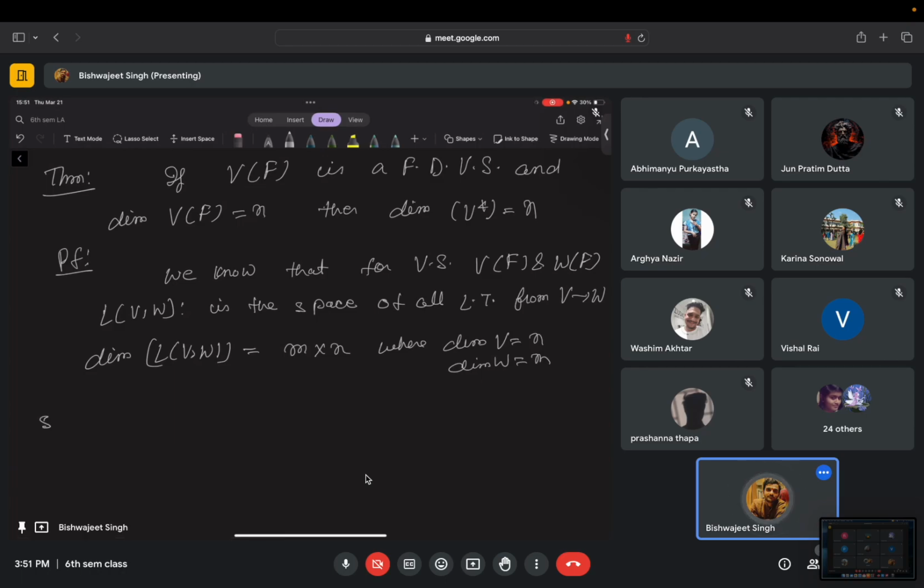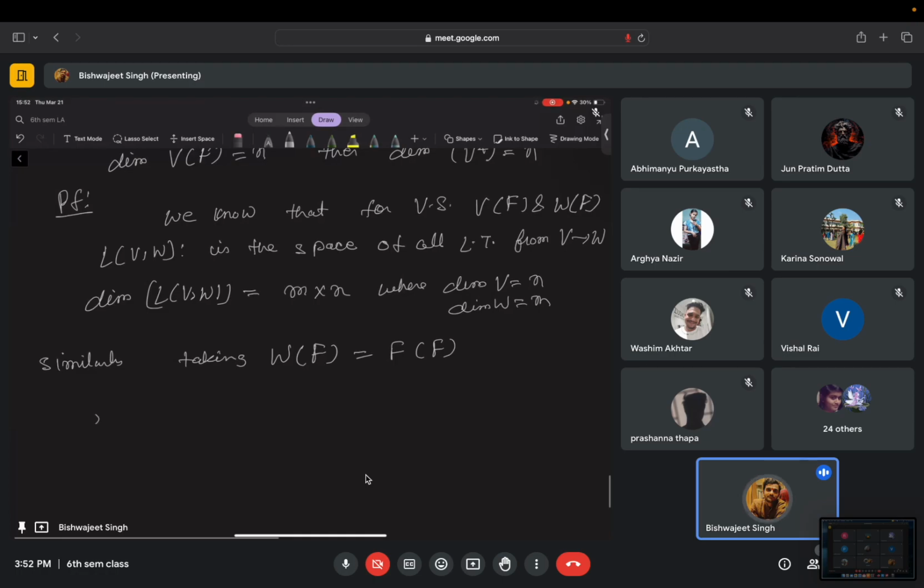So similarly, taking W over F as the field itself, that is F over F, what is going to be the dimension of L(V, F)? This is the dimension of V times the dimension of F. This is n into 1, which is n itself.